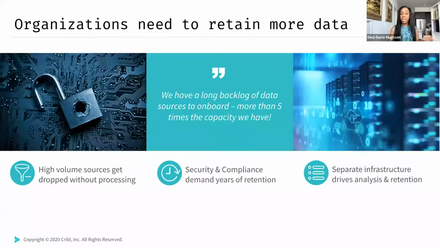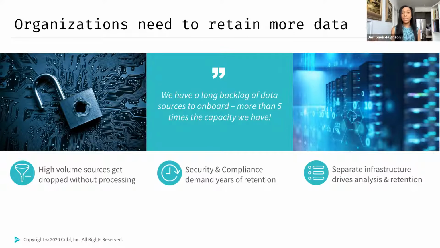To get the answers you need out of your environment, you need to onboard new sources of data. There's just no way around that, really. Most companies will drop large portions of high volume sources just because it's too difficult and costly to analyze everything. Depending on your industry, you might also have retention policies in place to meet certain standards and regulations, but you're having to guess how long you can afford to keep this wider set of data around.